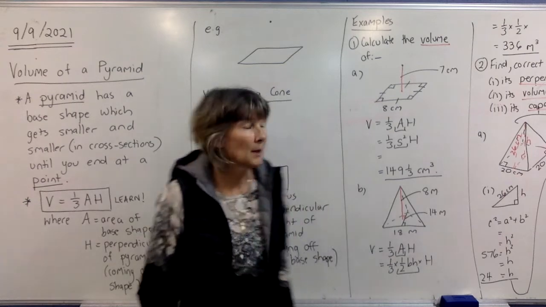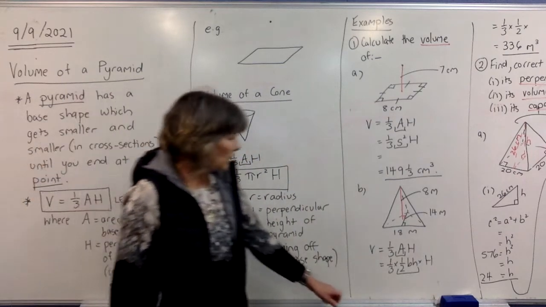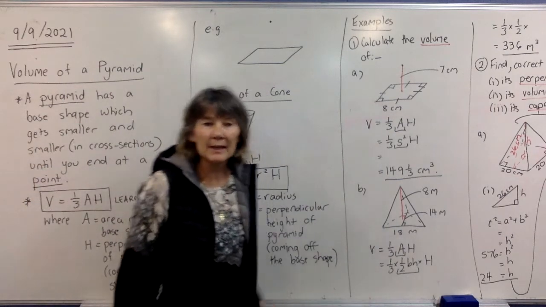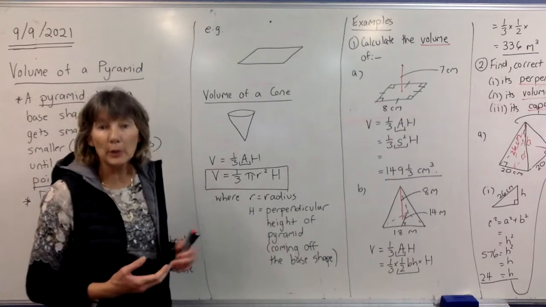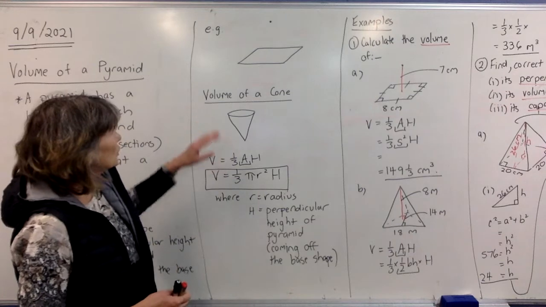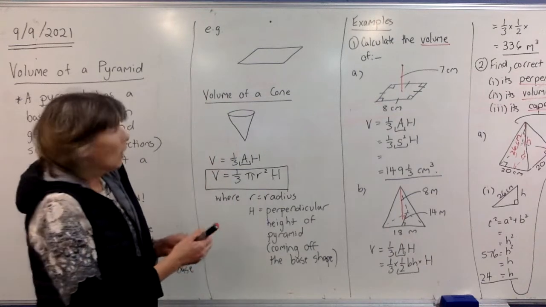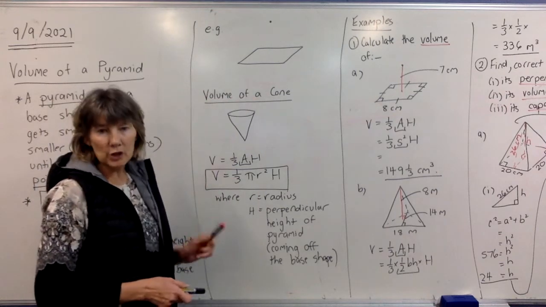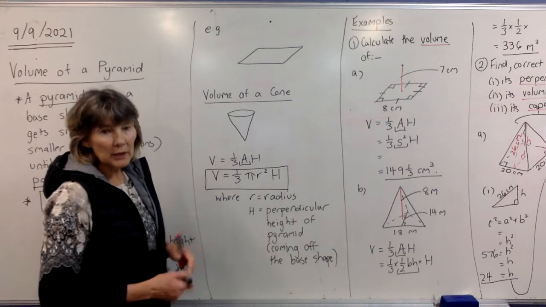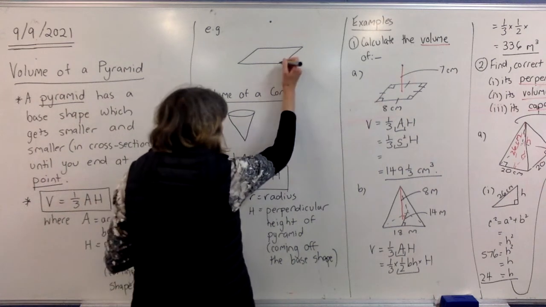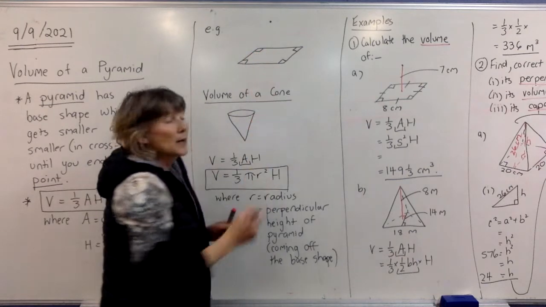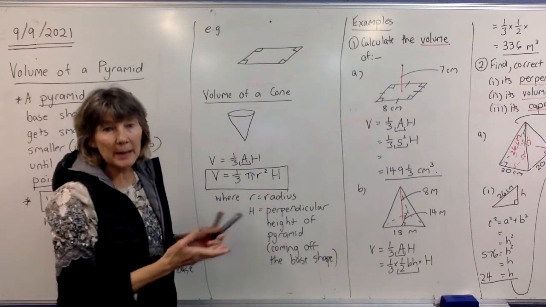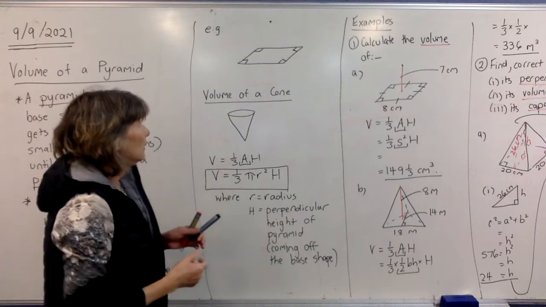Okay, now when you are drawing a pyramid, the easiest way to do it, it's not the only way, but the easiest way for you to cope with working, is to draw the base shape. Now, I've drawn a rectangular base shape there. You can't tell it's a rectangle at the moment, but once I put right angles in, it's a rectangle. It's been drawn with depth, so that's why they're all on an angle.